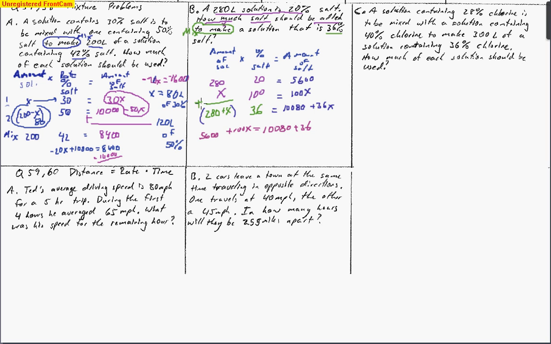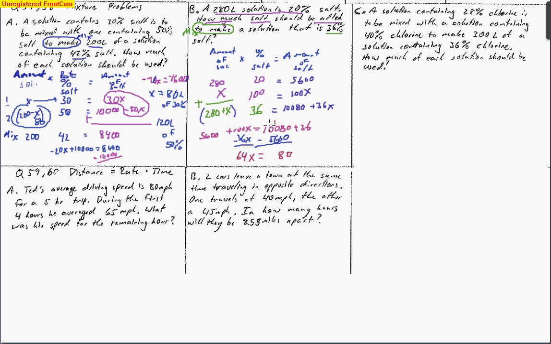So we got to do some opposite operations. Subtract that 36x from both sides. Subtract that 5,600 from both sides. And this is what we now have: 64x equals, and then you got to borrow a little bit, so be careful with that subtraction.